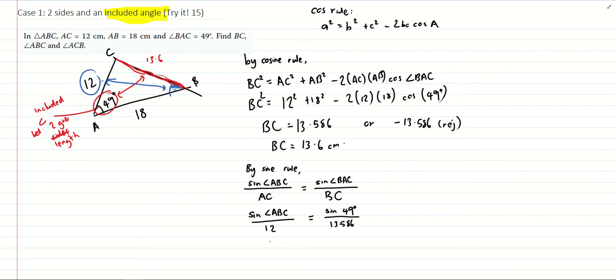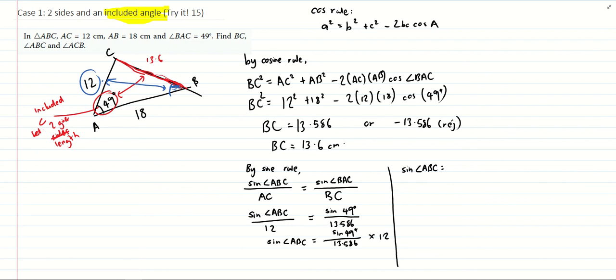Multiplying by 12 throughout, I have sine angle ABC equals sine 49 degrees over 13.586 multiplied by 12.